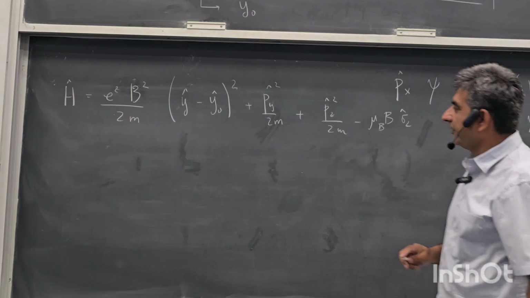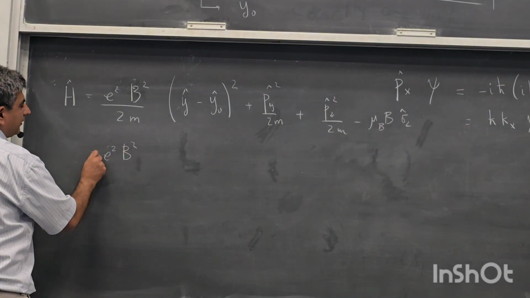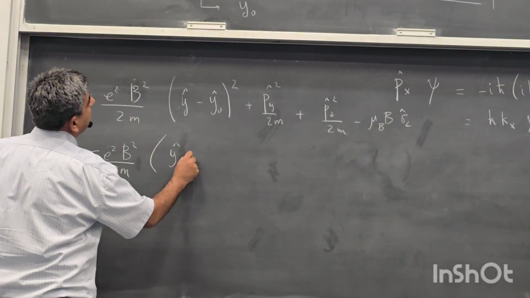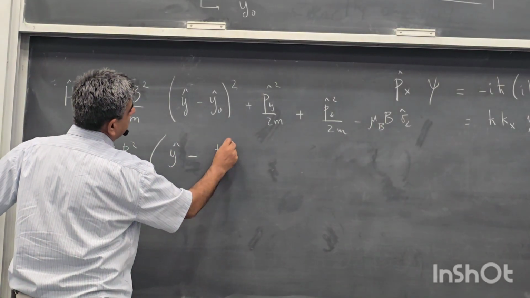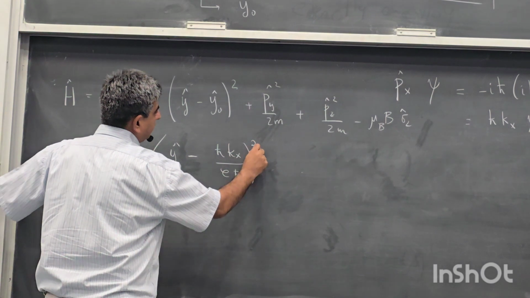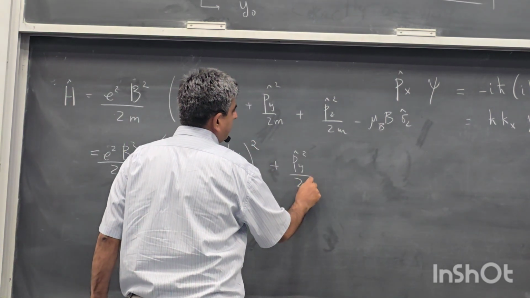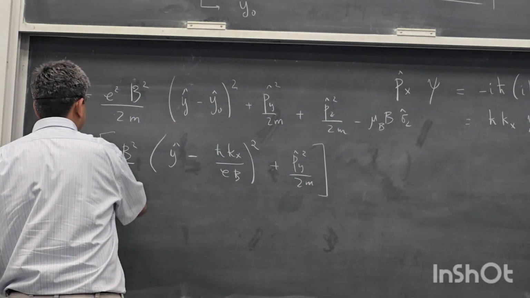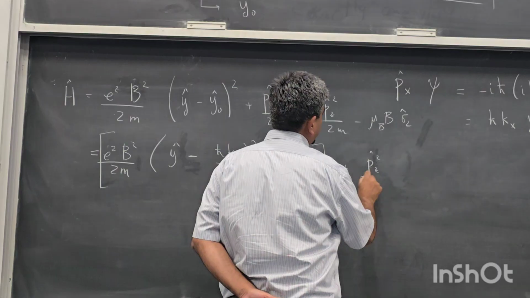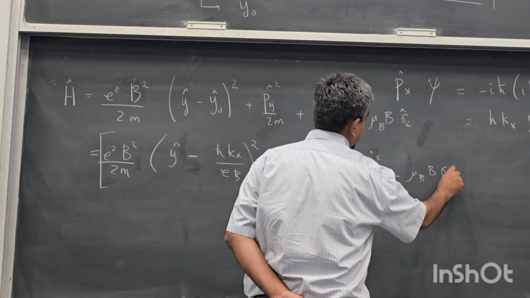I can also write this as e square b square over 2m, y minus h bar kx over eb whole square plus Py square over 2m. Write these together, followed by Pz square over 2m minus mu b b sigma z.